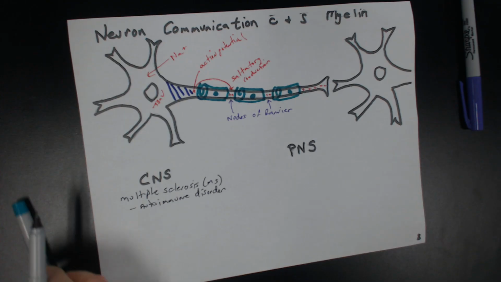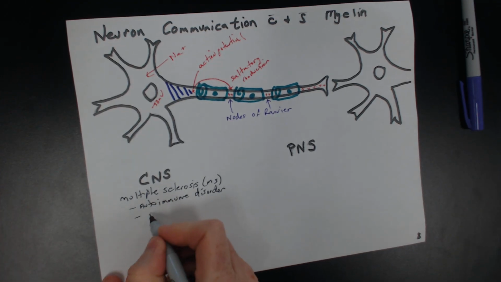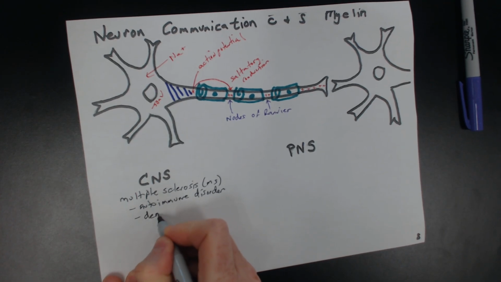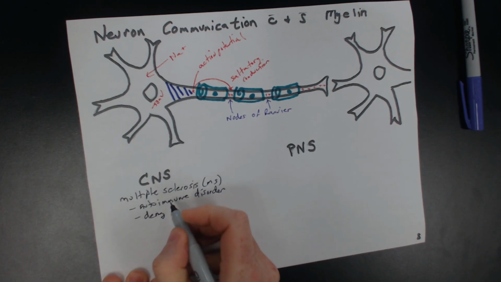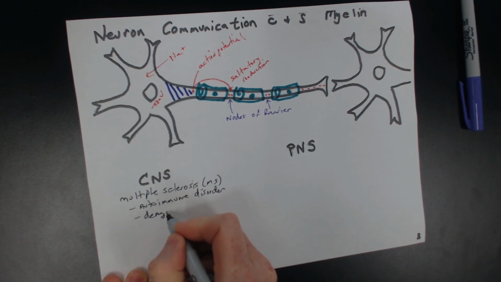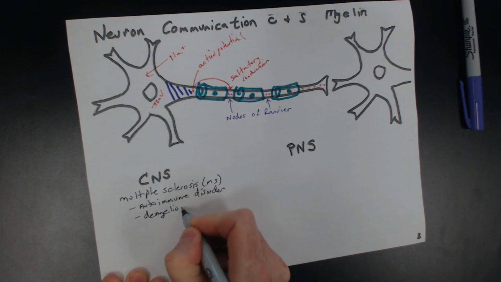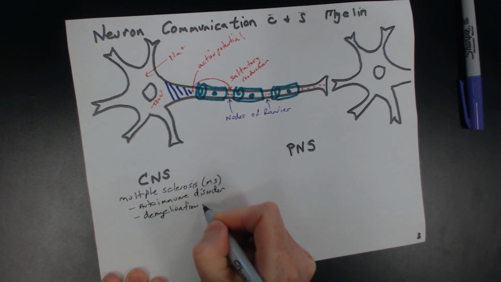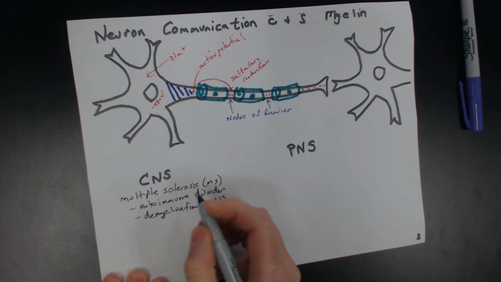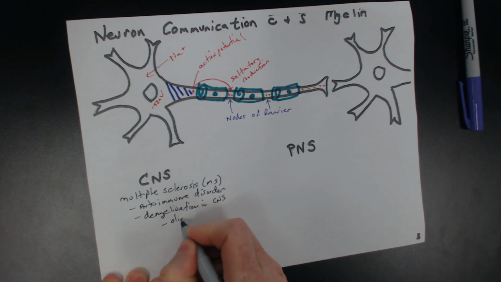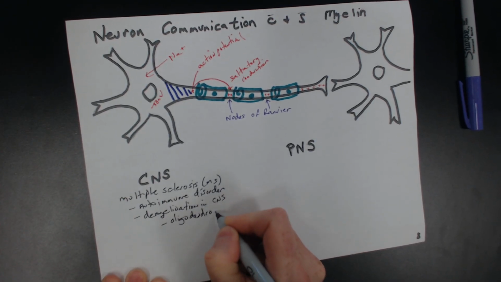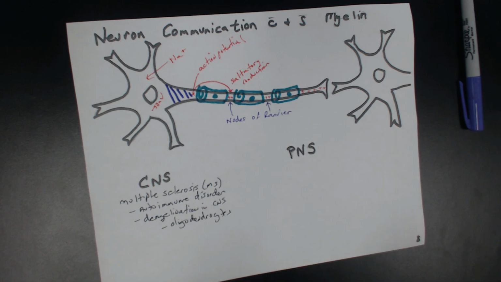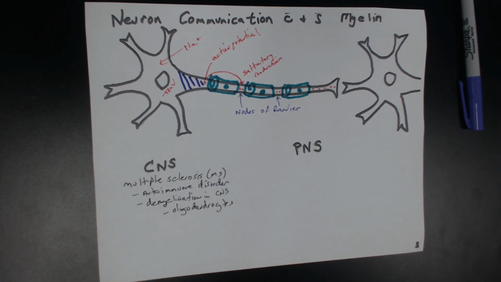Okay, it's due to a demyelination in the CNS, which means that the oligodendrocytes are affected. Right? Because the myelinating cells in the CNS are going to be your oligodendrocytes.